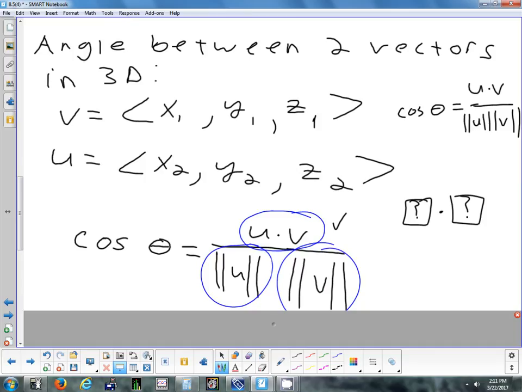The only thing you can do a dot product with is two vectors, v and w or v1, whatever you want to call them. The bottom is not a dot product. It's just a regular multiplication. The magnitude of u, that's a length, times another length. In the bottom, it's numbers. But at the top, it's a vector dot vector.